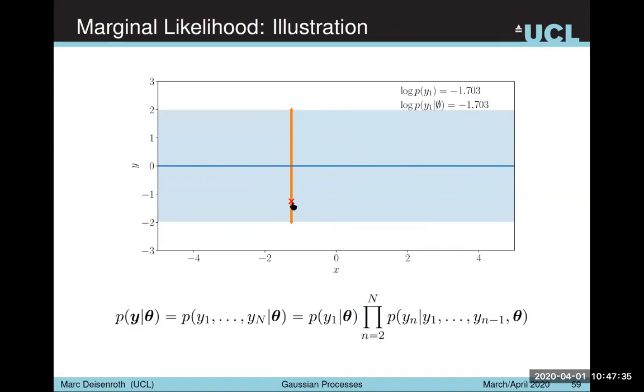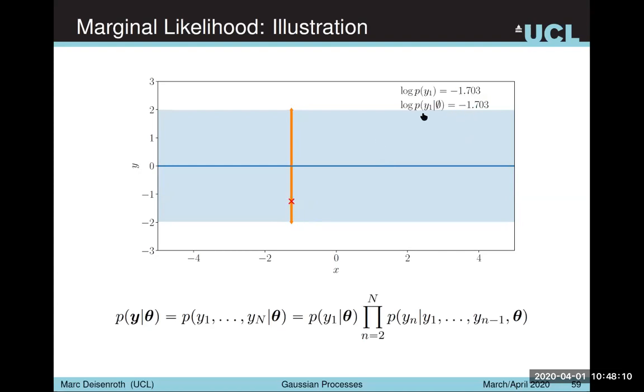The observations are indicated by these red crosses, and the predictive uncertainty, 2 times the standard deviation, is indicated by this orange bar. The log predictive density at y1, when we evaluate this orange bar at this red cross, is minus 1.7.